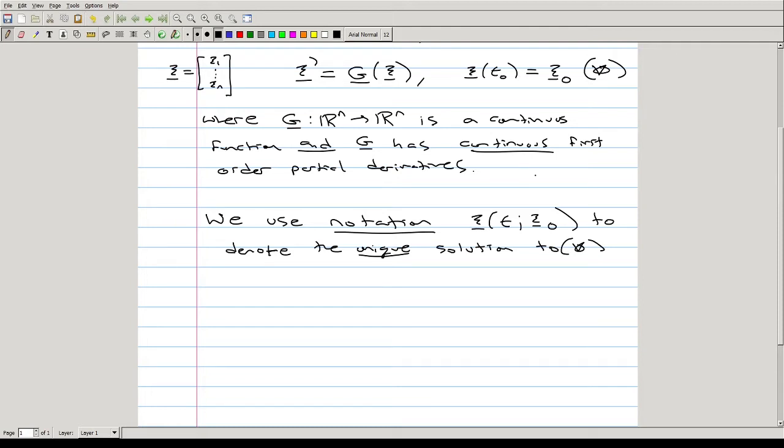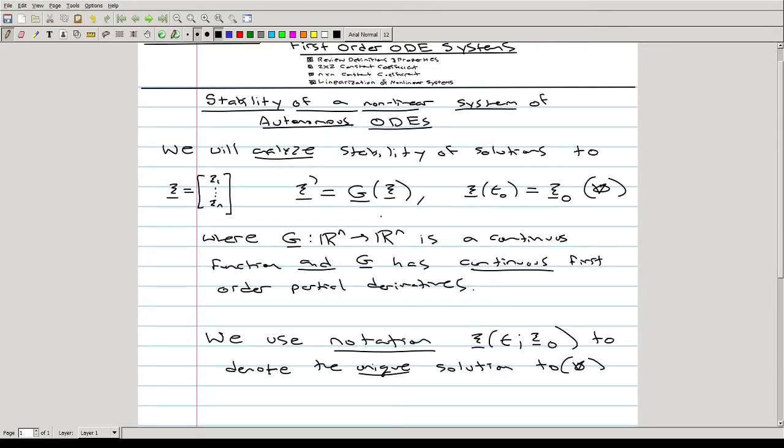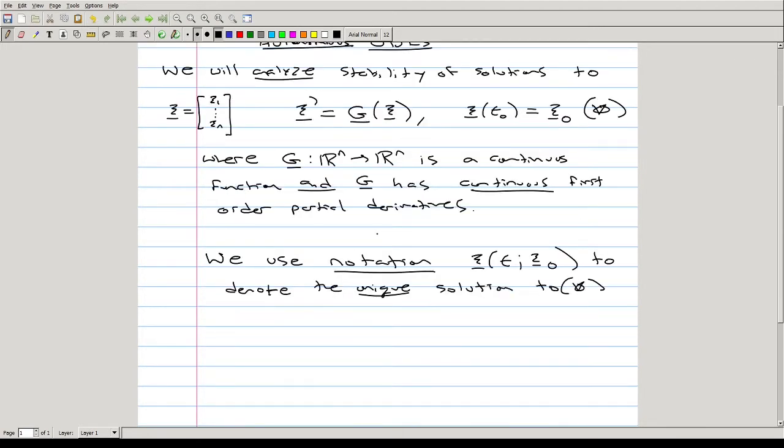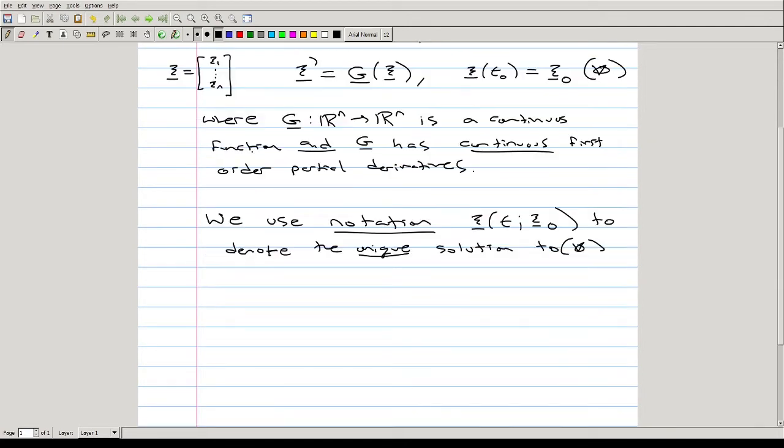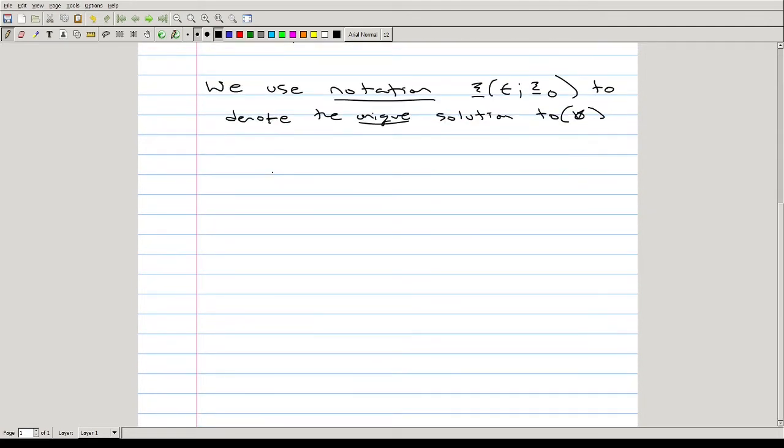Recall how we define the orbits as a collection in Rn of all of the trajectories of this system, which partition Rn. And a very important property for us when we're discussing stability is a property of orbits called the semi-group property.